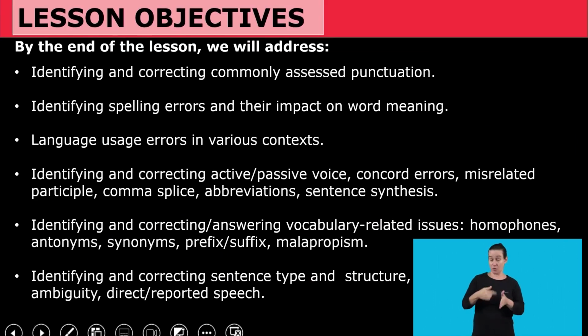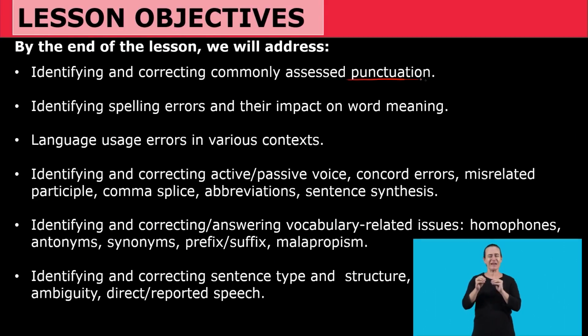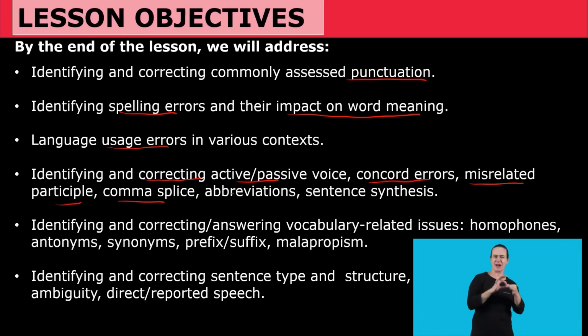By the end of the lesson, we will address identifying and correcting commonly assessed punctuation, identifying spelling errors and their impact on word meaning, language usage errors in various contexts, identifying and correcting active and passive voice, concord errors, misrelated participle, comma splice, abbreviations, and sentence synthesis.